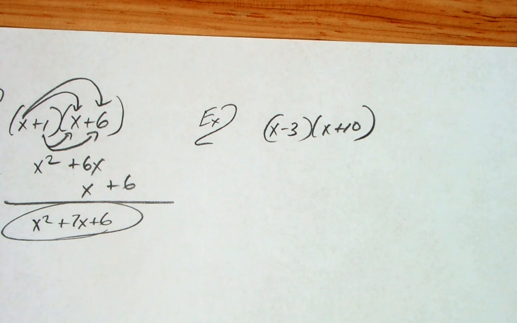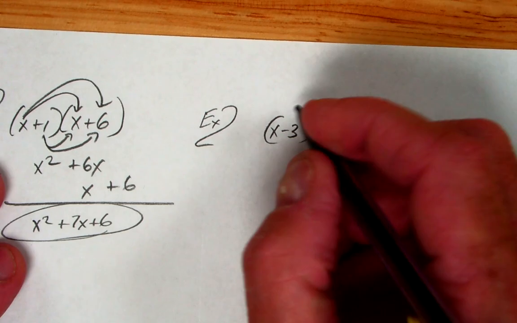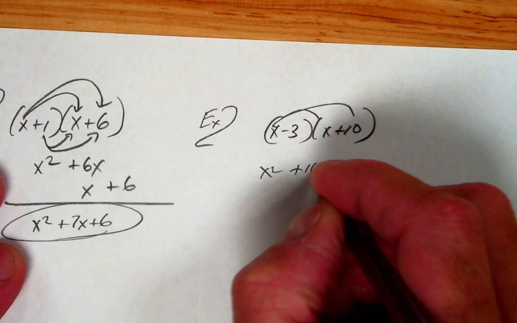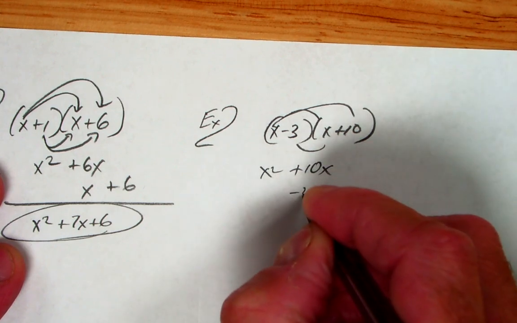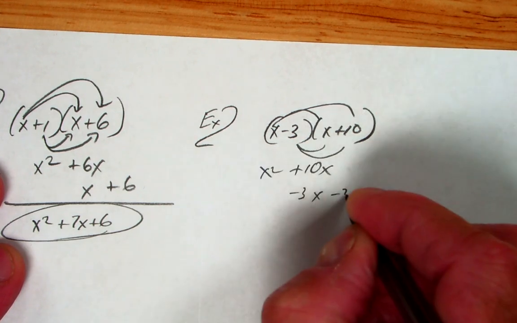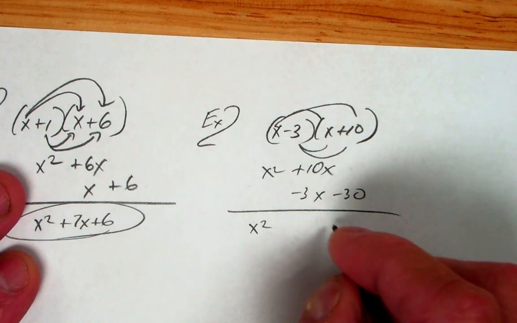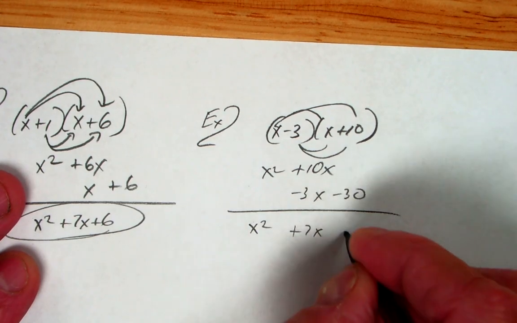Good. Nice job. x squared, 10x, negative 3x, negative 30. Add them up. x squared plus 7x minus 30.